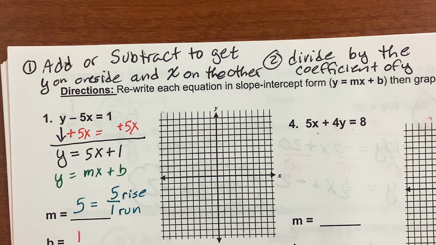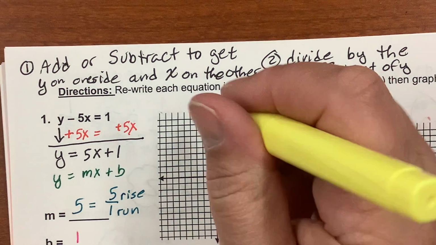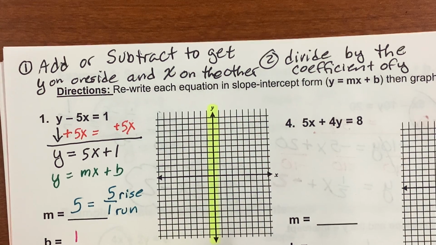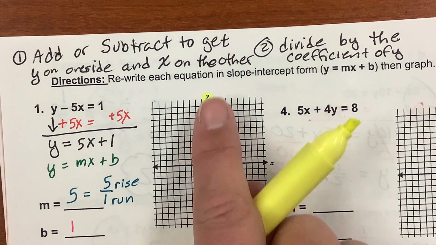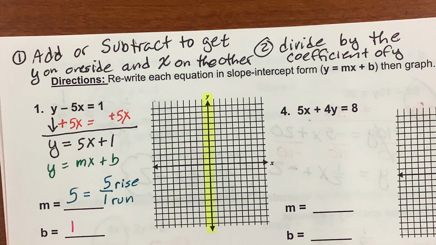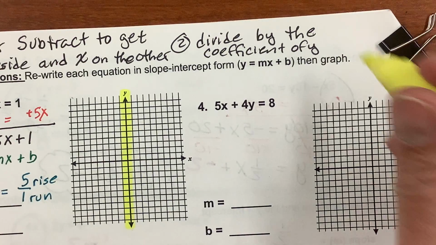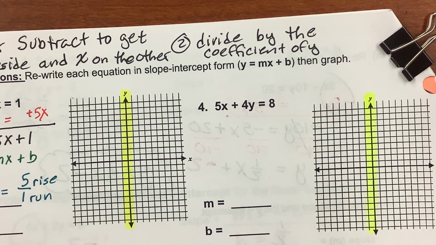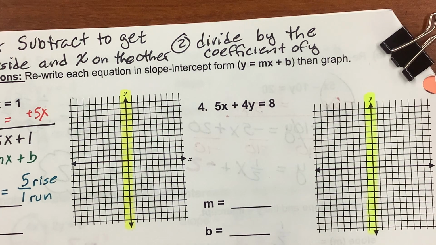All right. Let me grab my highlighter for a second. And I'm going to highlight the y because the y-intercept, b equals 1, goes on this highlighted line. It's going to be the 1 on the highlighted line. So since I have my highlighter open and it's in my hand, I'm just going to highlight all of my y's just to get that out of the way.